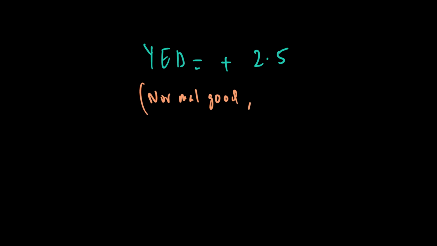Similarly, what if your YD value is positive 2.5? Now this means that it is definitely a normal good, but not only is it a normal good, it's also a luxury good because it's income elastic. As soon as your income goes up, you do buy more of this good, but it is also a very high response, which means it must be a luxury good where you will buy more of it when your income goes up, and significantly more of it.